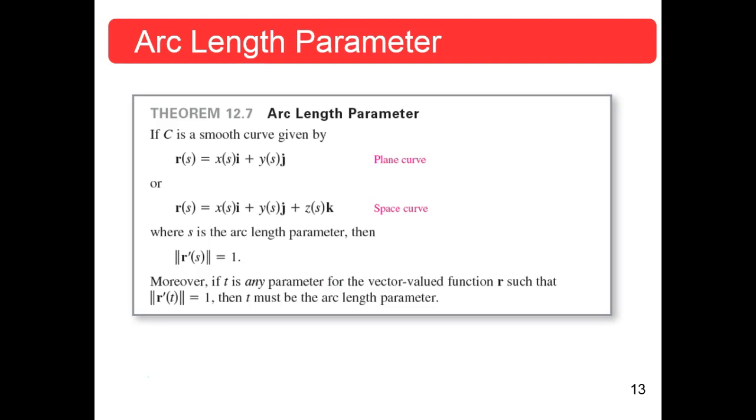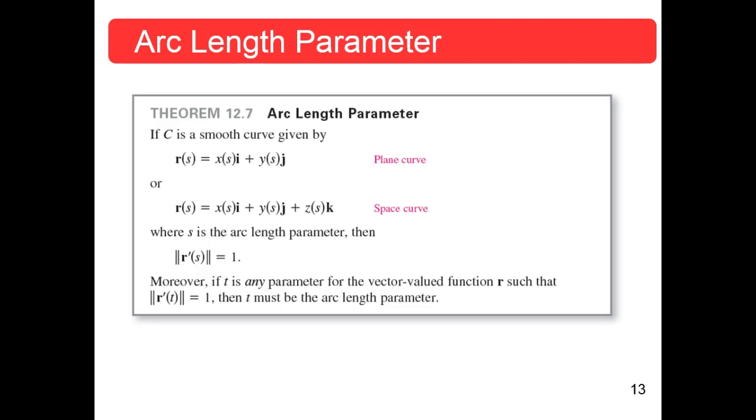C is a smooth curve given by r equal to x of s i plus y of s j. Or the other way of saying this, r of s is equal to x of s i plus y of s j plus z of s k. Plane curve, just x and y coordinates; space curve, x, y, and z coordinates.